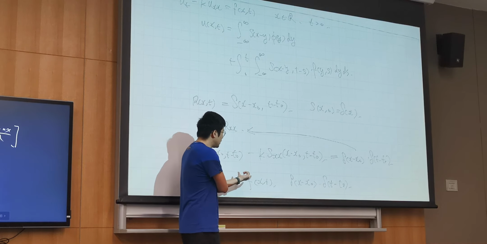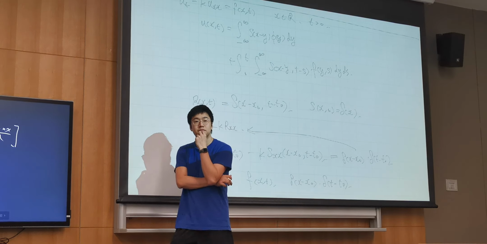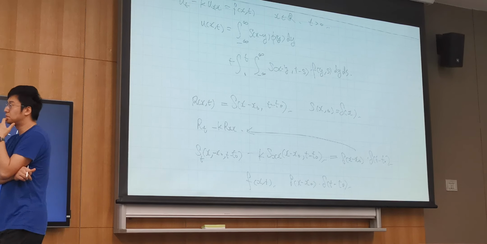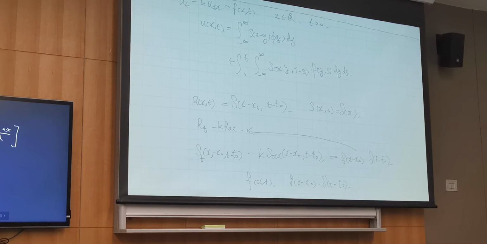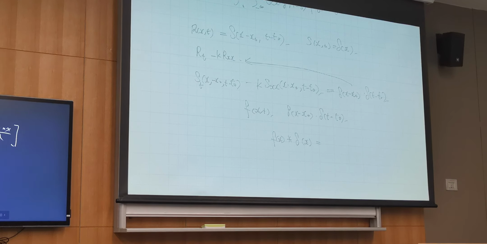If we are only looking into f(x) and the delta(x minus x0), what's their relation? What would we have is that f(x) convolved with delta(x) is going to be what? I mean, if there's no t, what is it? It's going to be f(x) itself, right?